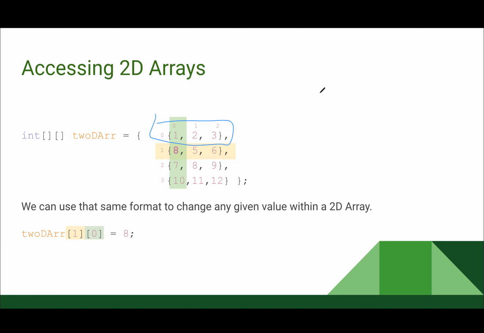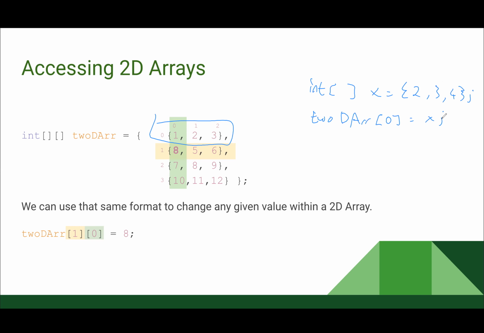So I would say int array, call it x equals 2, 3, 4. And then I could say 2D array index 0 equals x. I can overwrite an entire row with a new array whenever I want.